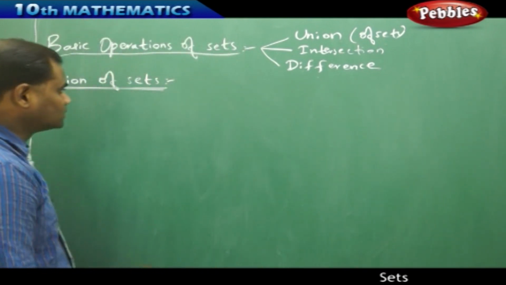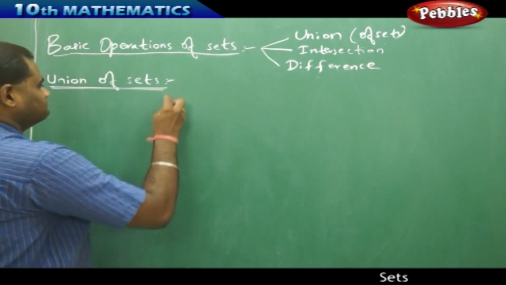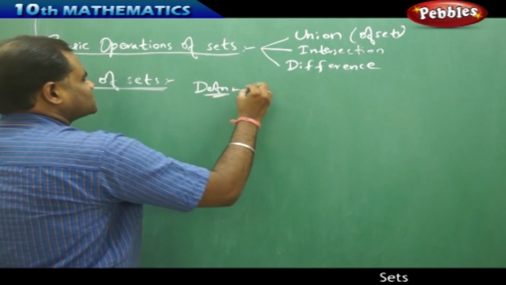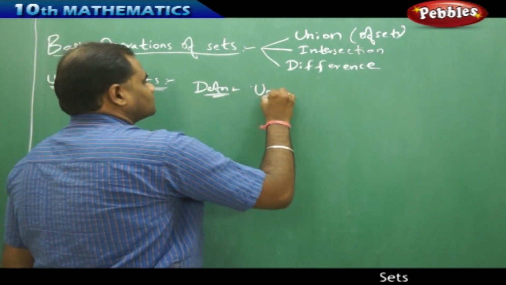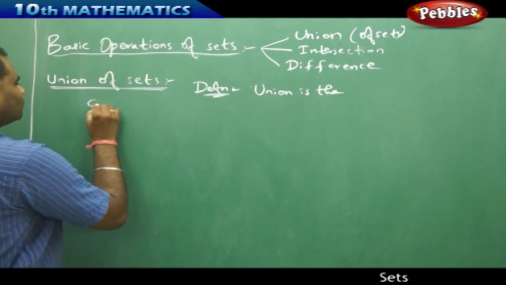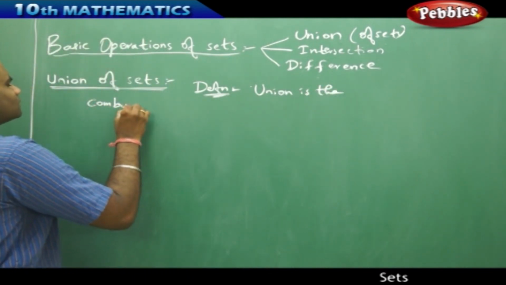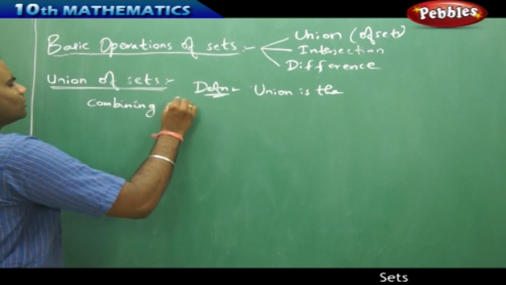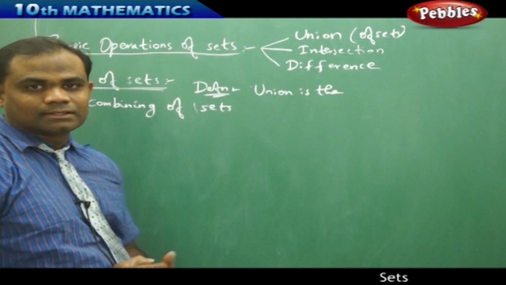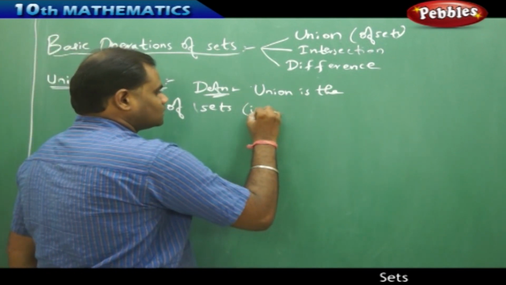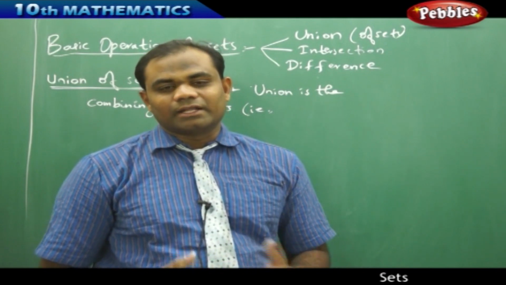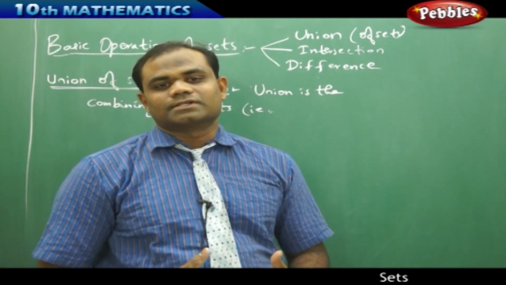So let's start with the basic definition. So union is the combination, is the combining of sets. That is, indirectly when I say combining of sets, I mean combining of all the elements of individual sets.